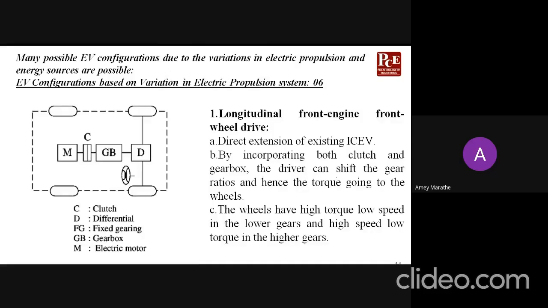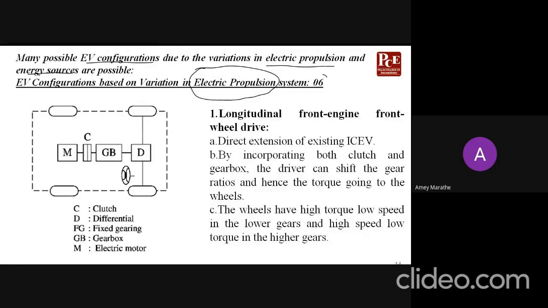So let us see the first one. If you see, there are many different EV configurations possible due to variation in propulsion and energy sources. So based on the electric propulsion, how many types of different EV configurations can we have? 6.